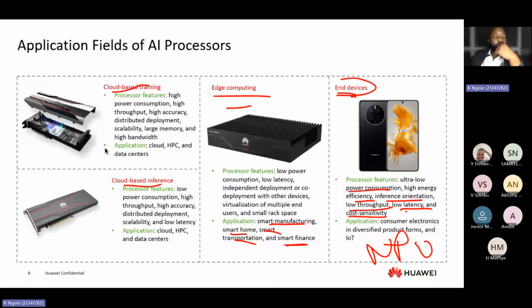So you have processors that will be used for training and processors that will be used for inference. For training, there's a certain example application: we have cloud technology, and we can find it in HPC. So what is HPC?